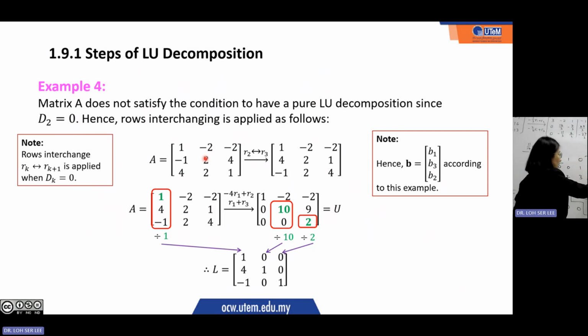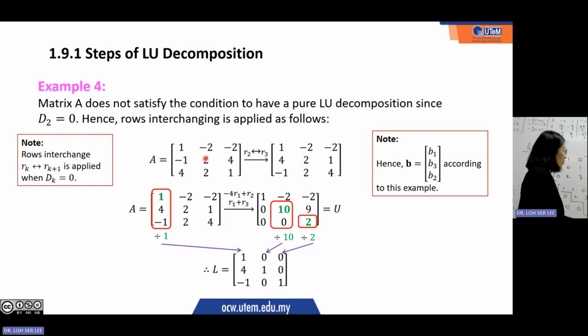Once you swap row 2 and row 3, your B, for example, originally your B is 1, 1, 3. Then your new B will be 1, 3, -1, because you swap row 2 with row 3, so these two you have to swap as well.